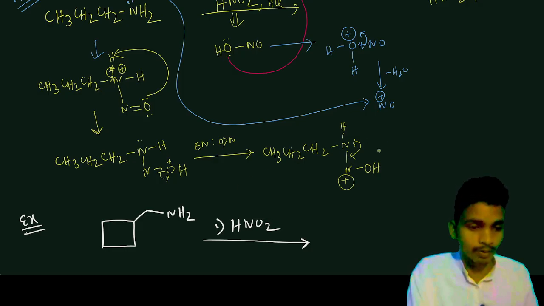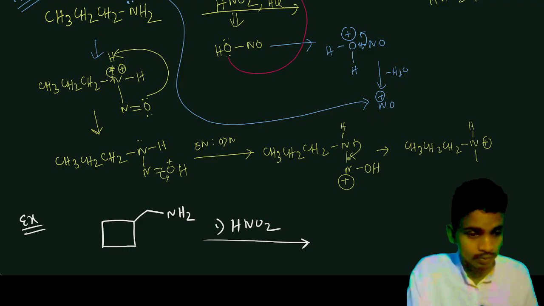Going to be CH3 CH2 CH2, and this is going to be the N, here H. Since the lone pair electron went to this, that is going to be the positive charge here, and now this lone pair electrons become a double bond, and the positive charge is removed from this nitrogen, this is going to be OH.